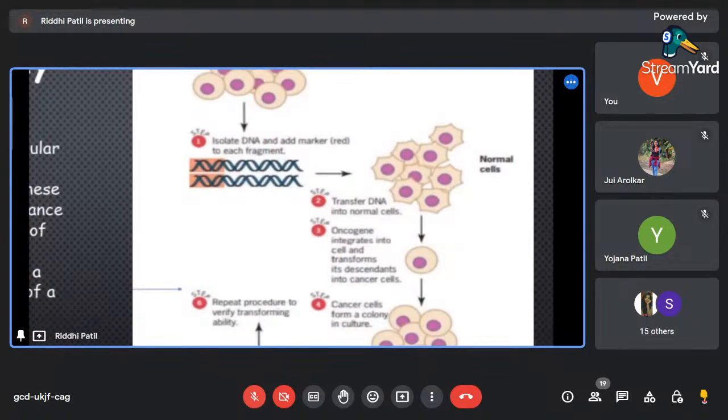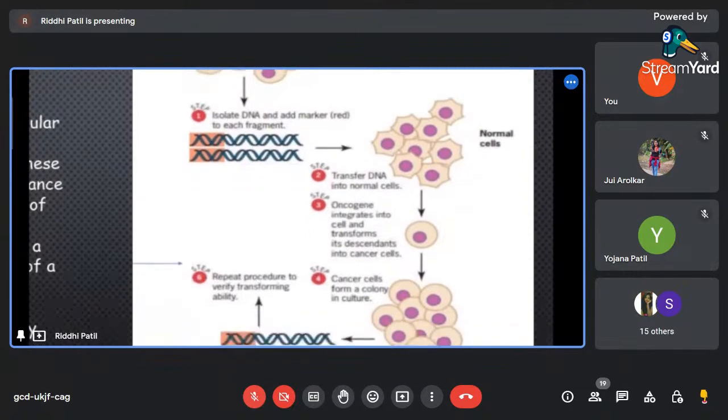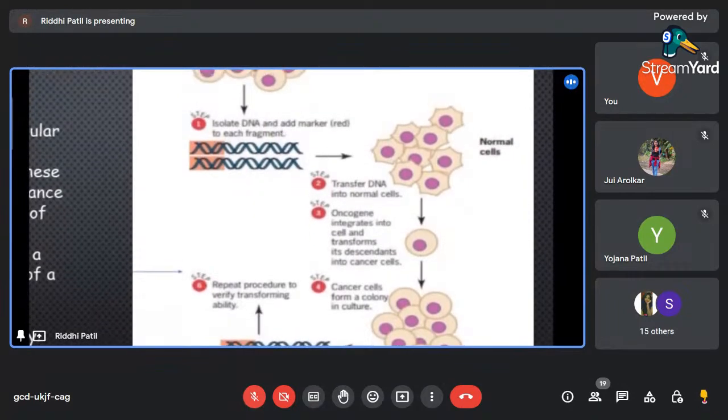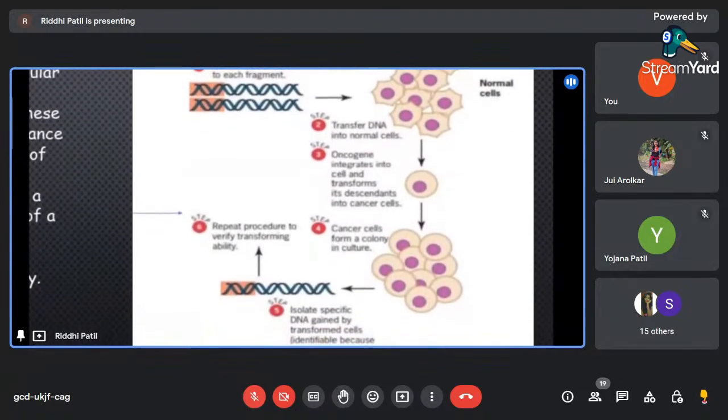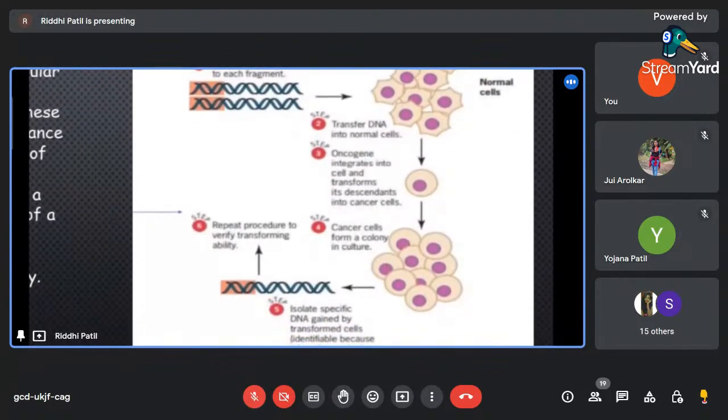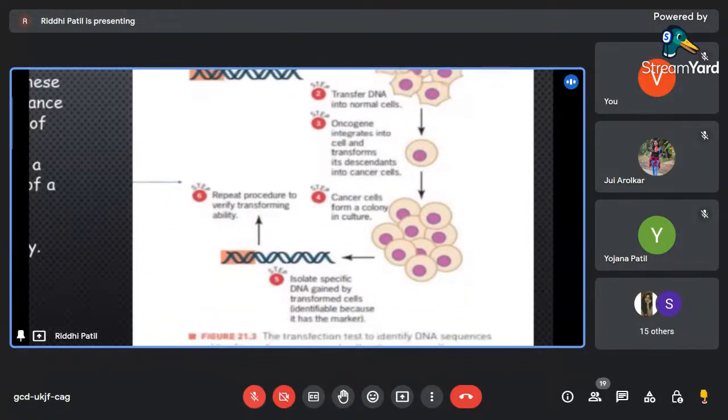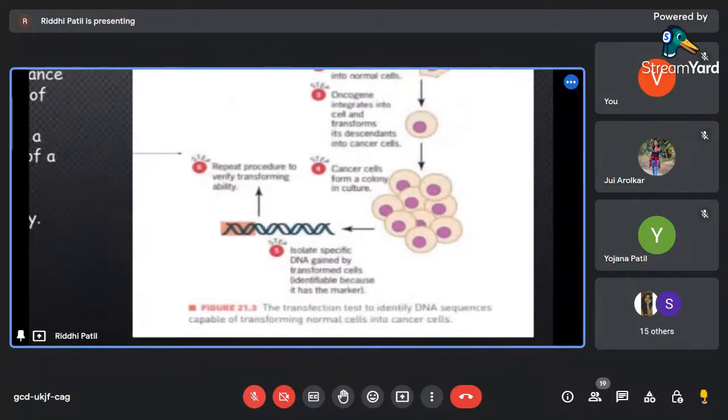In the second step, the pieces were joined to a segment of bacterial DNA, which served as the molecular marker. In the third step, the marked DNA fragments were then transferred into cells growing in culture to determine if any of them could transform the cell into a cancerous state.